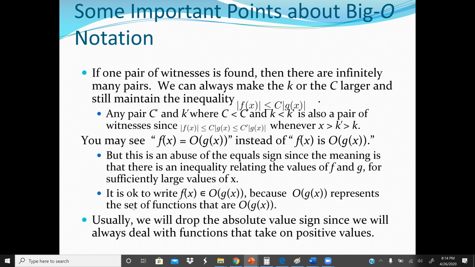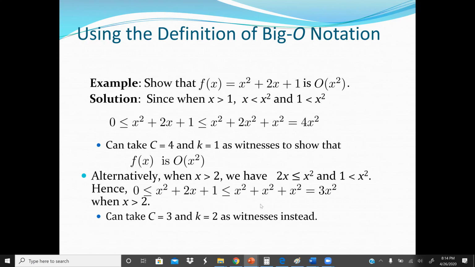So here we can say that again, it's okay to write f(x) belongs to big O of g(x) because big O of g(x) represents a set of functions that are big O of g(x). So I think the main thing we should go through is the whole concept. The example here will explain everything to you.